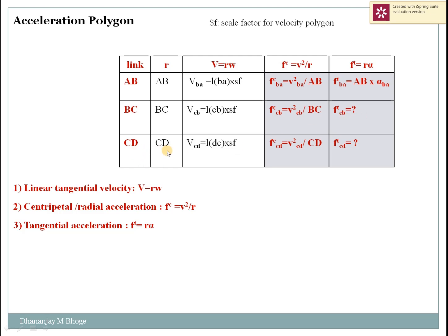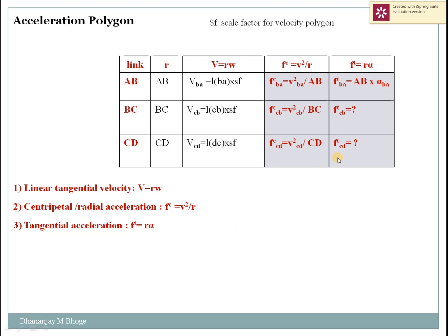Now for link CD, its radius of rotation is the length of link CD. For link CD, we have determined VCD, which is equal to the length of vector DC in the velocity polygon into scale factor. The centripetal component of C relative to D is equal to V square CD divided by the length of link CD in magnitude. Again, we cannot determine its tangential component because its angular acceleration is not known.